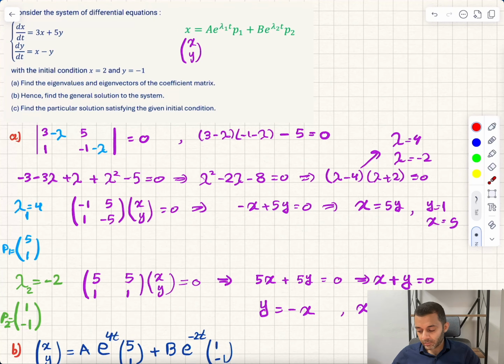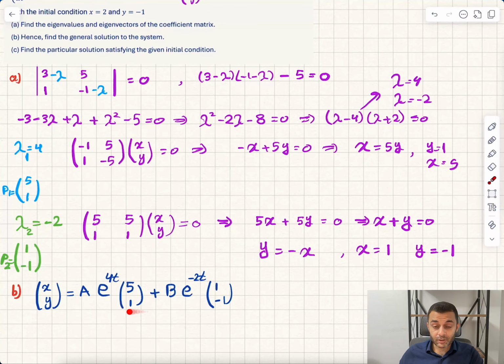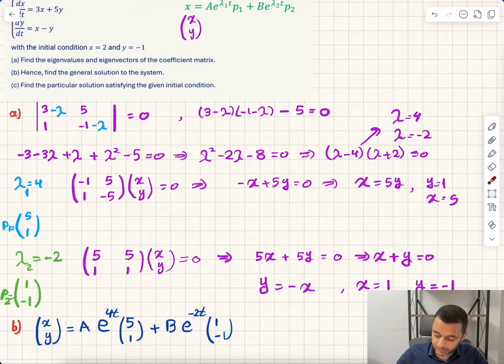But sometimes an important question might come. We need to find a particular solution that satisfies this initial condition given here. This is here a general solution. Here we have infinitely many solutions for lots of constant values of a and b. But sometimes they ask you for a certain value of a and b, so they give you here a condition.